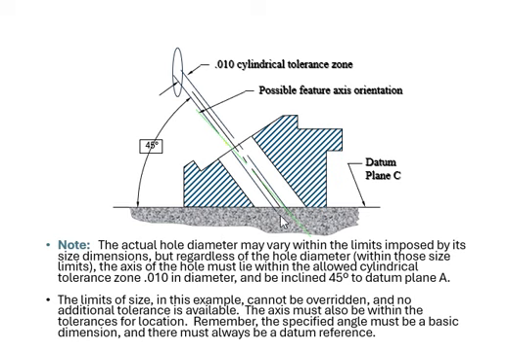Okay, then we do the same thing. Our datum and our tolerance zone, in this case, is 0.01. It's of course a cylindrical tolerance zone, because it's going 360 degrees around. The parallel tolerance zone and the cylindrical one differ, because with a cylindrical zone we're dealing with the whole thing, meaning 360 degrees around that part, not just a single surface.